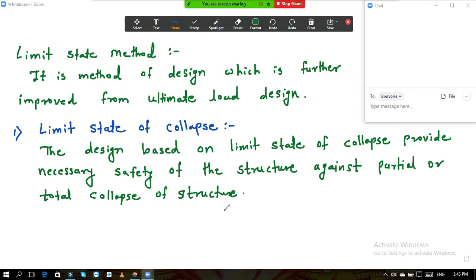But the limit state of collapse provides you the safety against this partial and catastrophic collapse. It will give you the sign. Some cracks will develop, some bending will occur, and after giving these multiple signs of failure, that structural member fails. So this is the meaning of this.